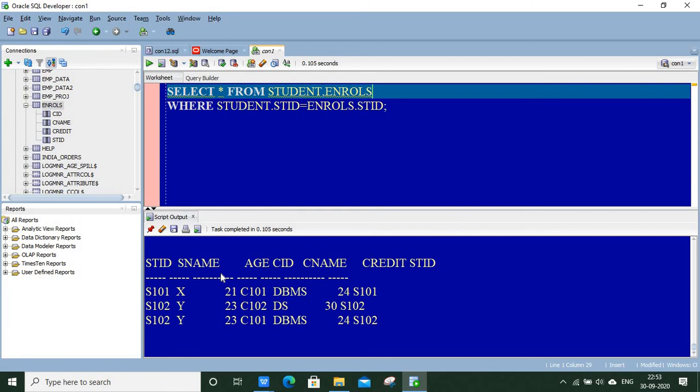Yes, now you can see that only the relevant combinations are there in the output.